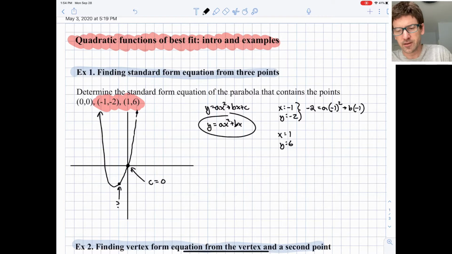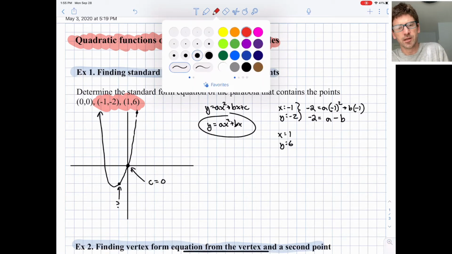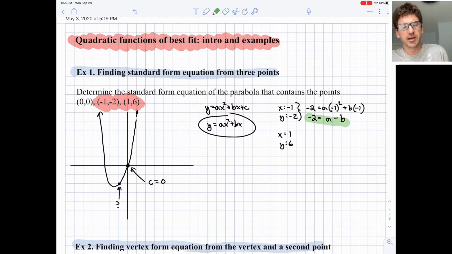Let's simplify that a little bit. -2 equals 1a minus 1b, or a minus b. Okay.